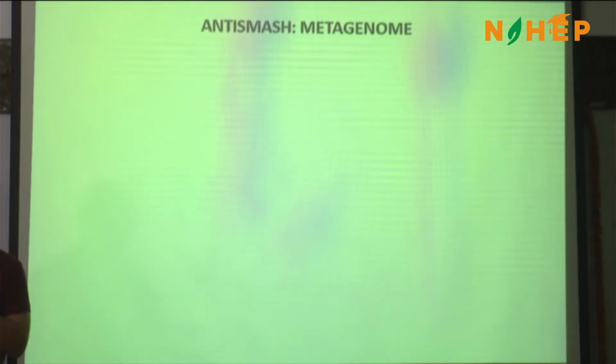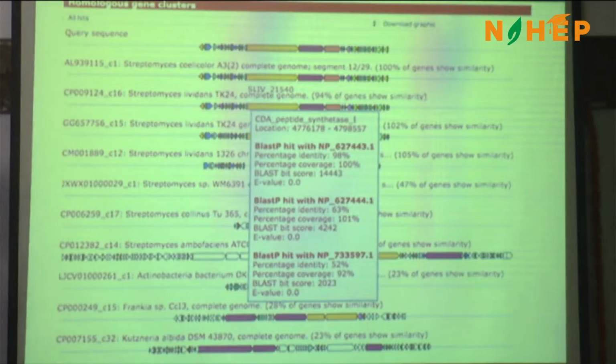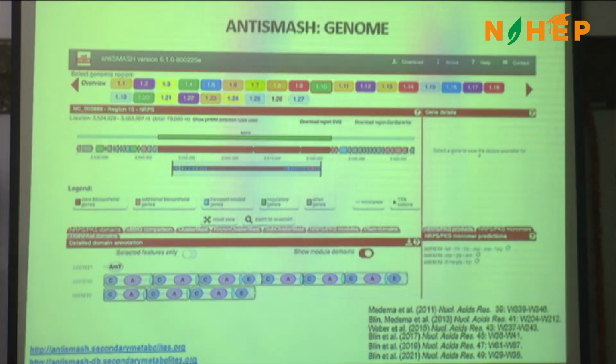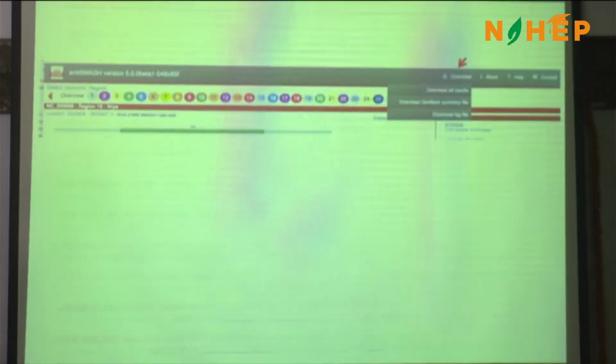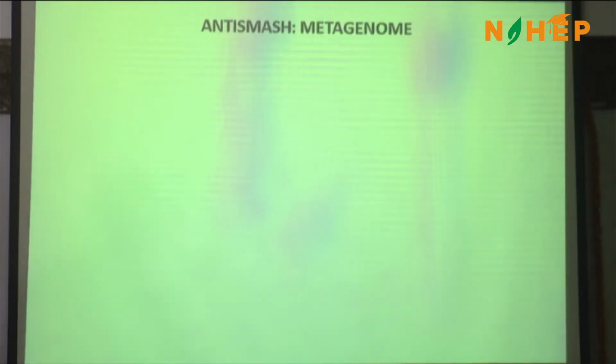Okay, do you think that we can do antiSMASH in metagenomes? I didn't say here, but normally when you do antiSMASH in a genome, you get 15, 20 different biosynthetic gene clusters. So imagine that you run this in a metagenome. How many clusters will you get? Too many.